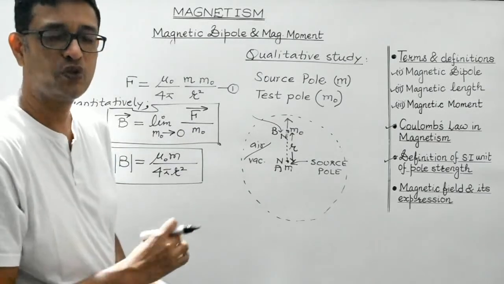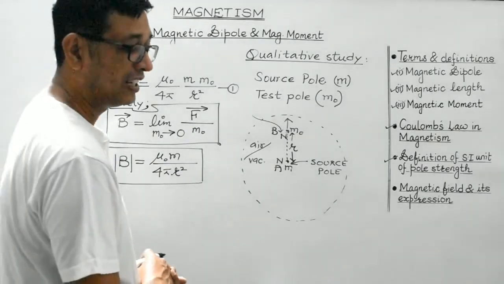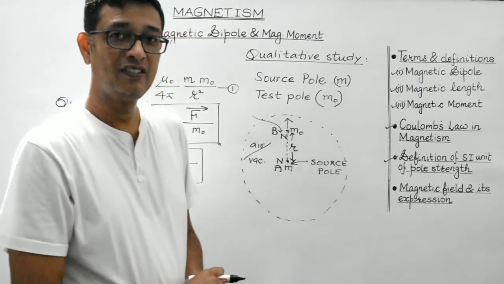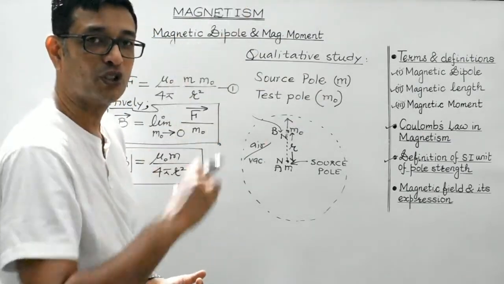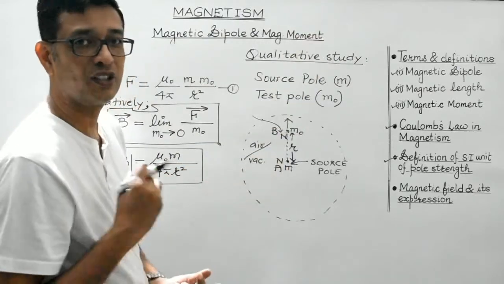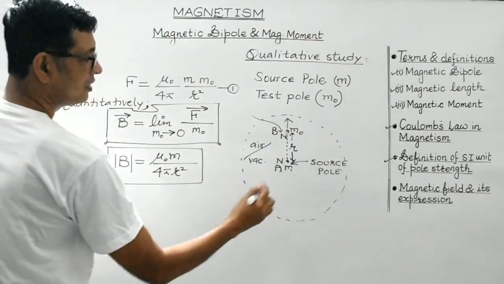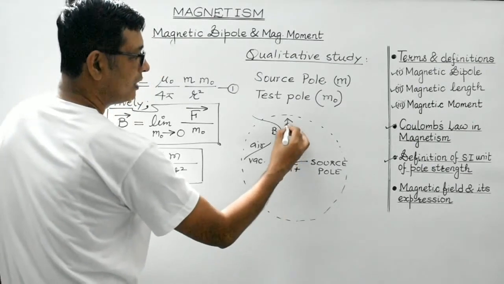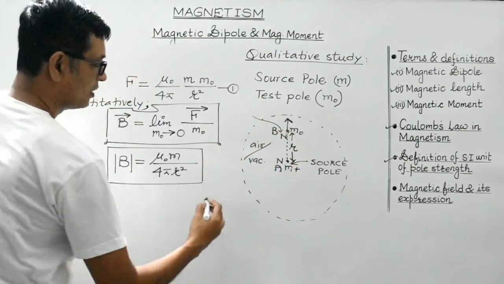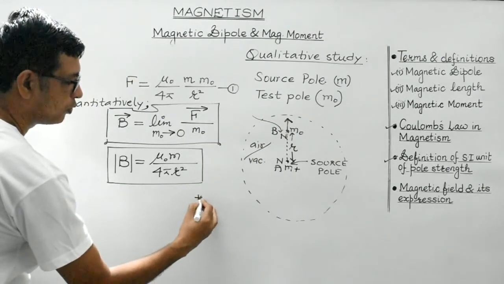And direction, students, we are aware. Direction of the magnetic field at a point is always away from the north pole and towards the south pole. Suppose it is a north pole, it is plus. So magnetic field at a point will be in the outward direction. Suppose this is north pole of pole strength plus m.